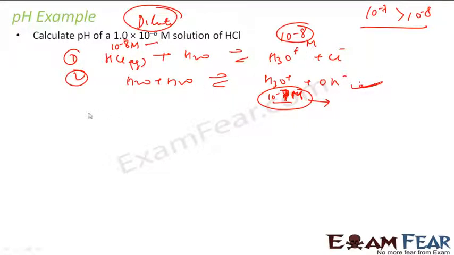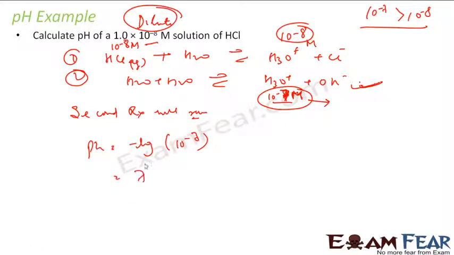So the second reaction will rule. Right? So in this case the pH will be minus log of 10 to the power minus 7, and this becomes 7.